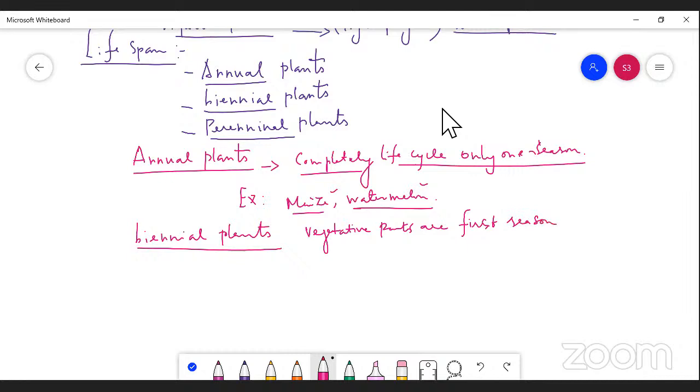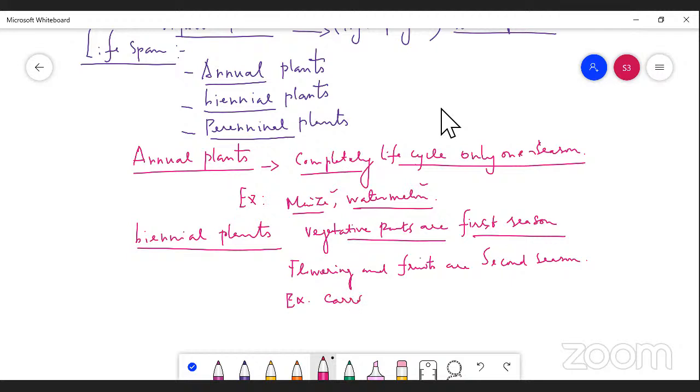The vegetative parts are first season, and the flowering and fruits are second season.